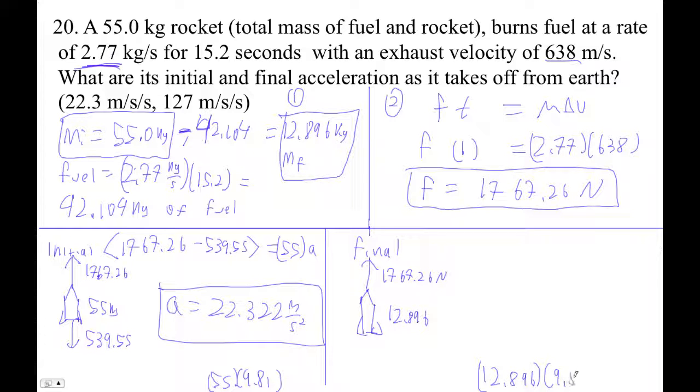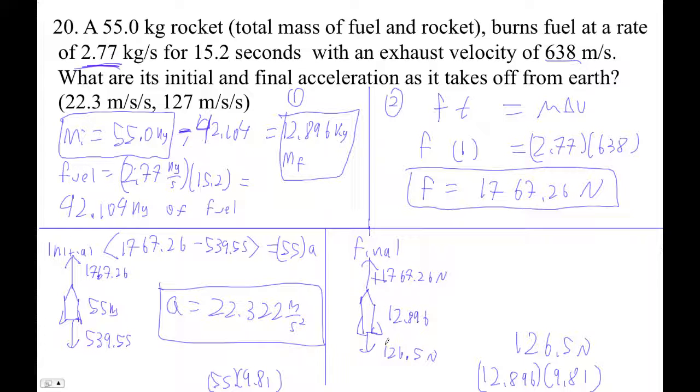It'll be significantly less, right? Okay, so let's find that number. There it is, that guy times 9.81. 126.5. Right, so that's a downward force.